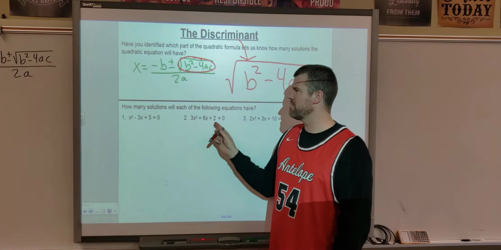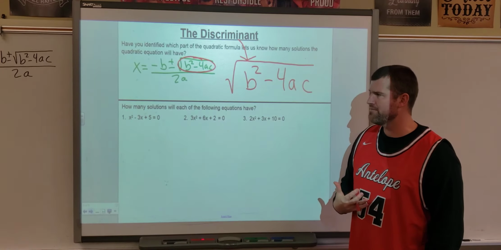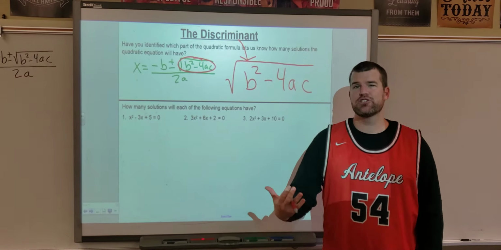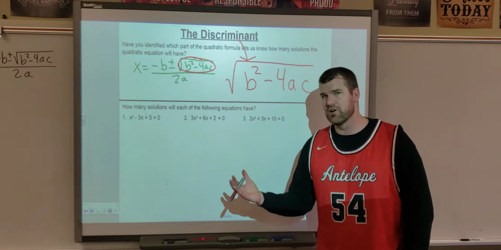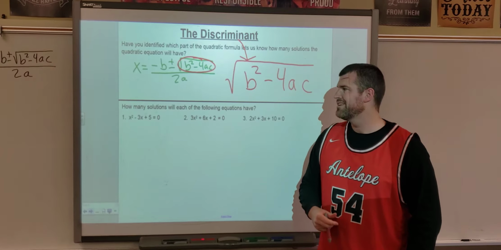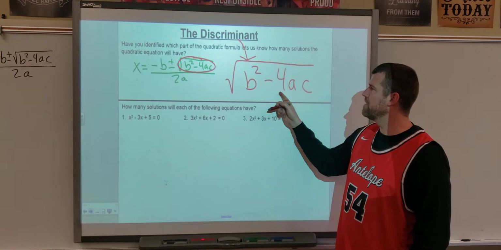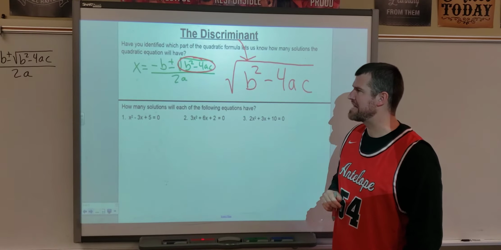So in these 3 examples, it asks how many solutions will each of the following equations have? So I could go through and I could try to solve the problem and do all the work and figure out, oh, yep, it has 2 solutions, I found them, or, oh, this one only has 1 solution. Or I can simply plug in b squared minus 4ac.